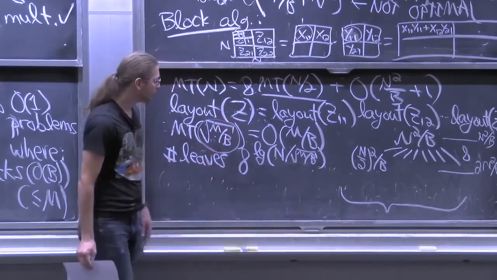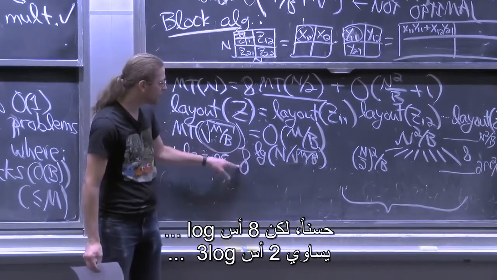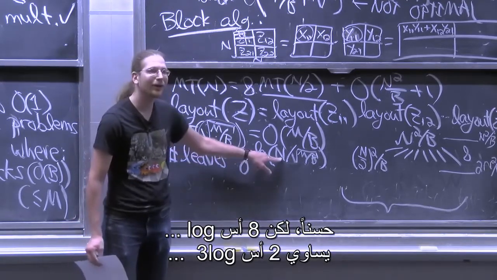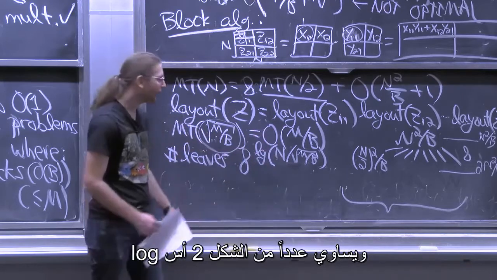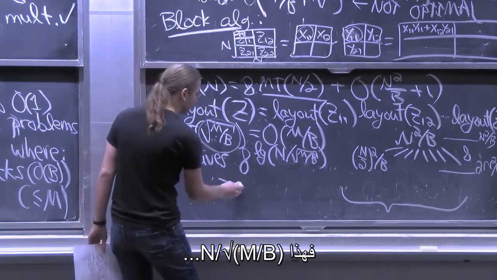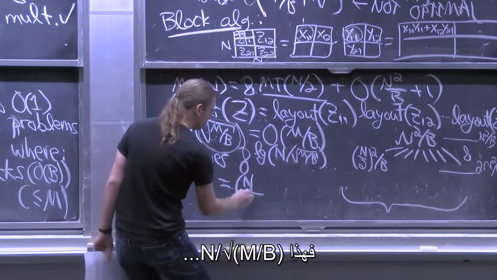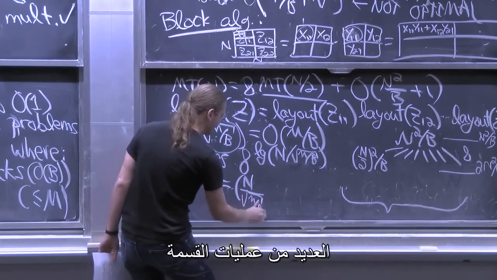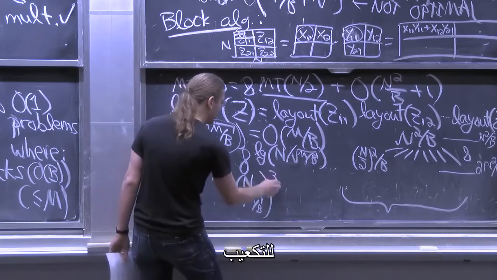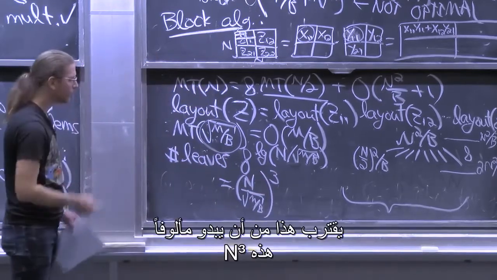Think about it. OK, but 8 to the log, this is 2 to the 3 times log. 2 to the log is just the thing. So this is n over root M over B, so many overs, to the third power. Okay, this is starting to look familiar.